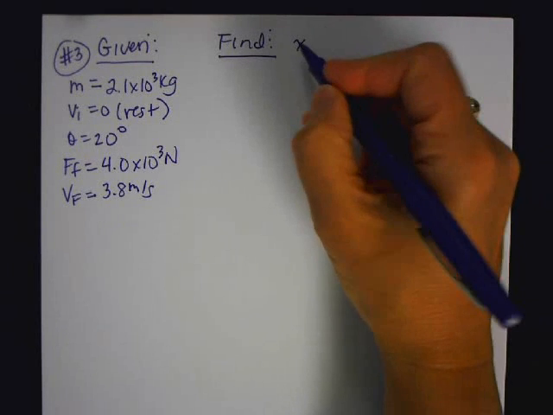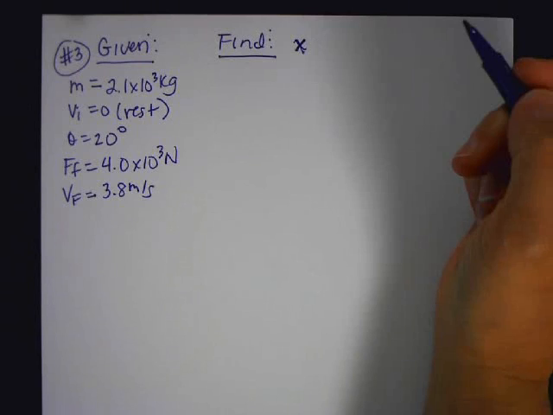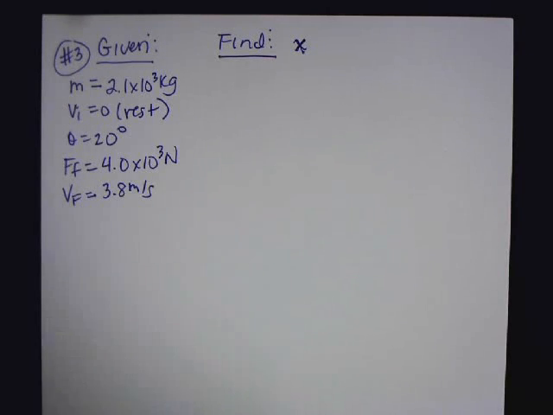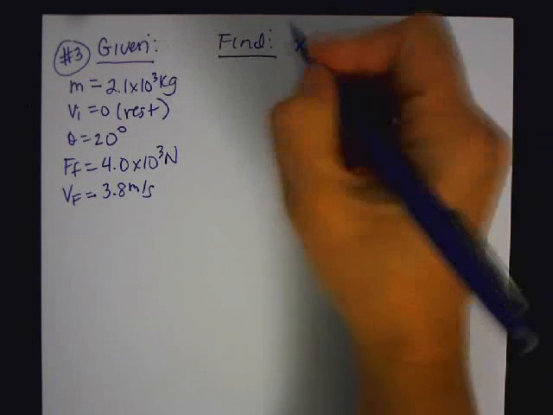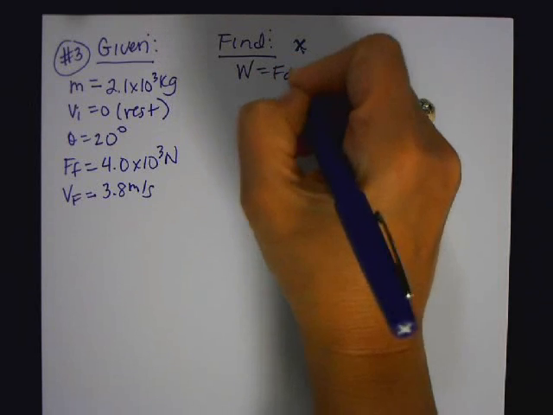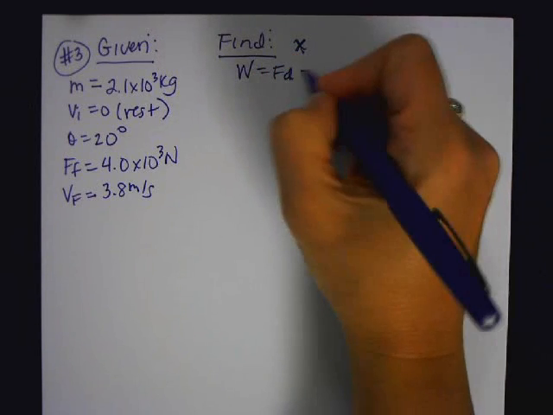Well, I want to find how far this goes. And when I'm looking at that, I need to think about, well, what did I learn in this chapter that talks about how I would find this x? Well, one of the things that I learned is that work is equal to FD. And this D is really Fx.